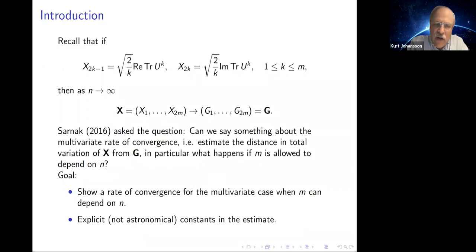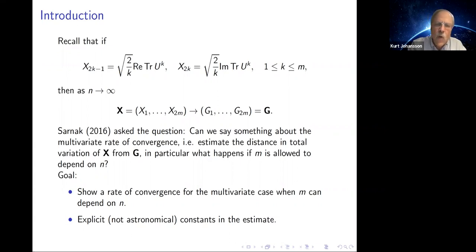So Sarnak asked me a few years ago, motivated by some problems in number theory, which I will not go into, if I could say something about the multivariate rate of convergence, and give an estimate in total variation distance of how far the vector x is from the vector g. And particularly what happens if m is allowed to depend on n. If I let m grow with n, do I lose this fast rate of convergence quickly, or does it remain?